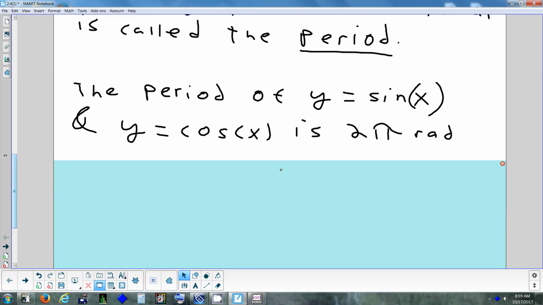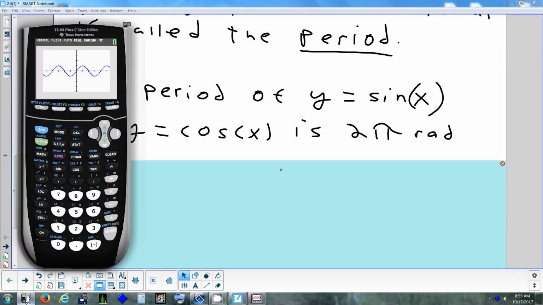So this graph has to go through 360 degrees before it repeats itself. If I start at 0 and end at 2 pi, you will see exactly 1 period of the function.